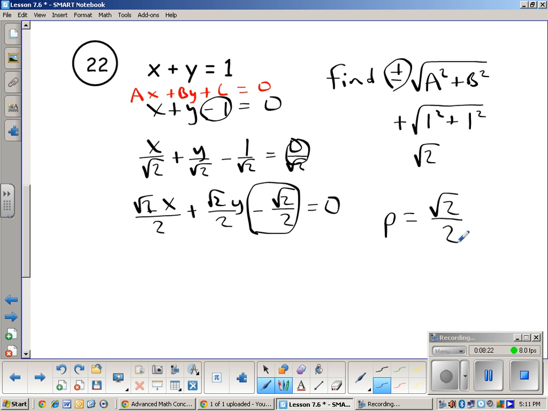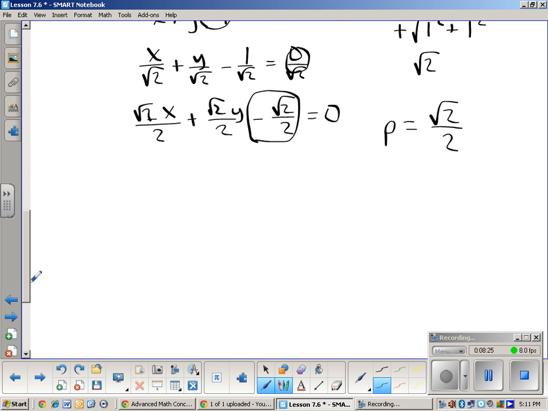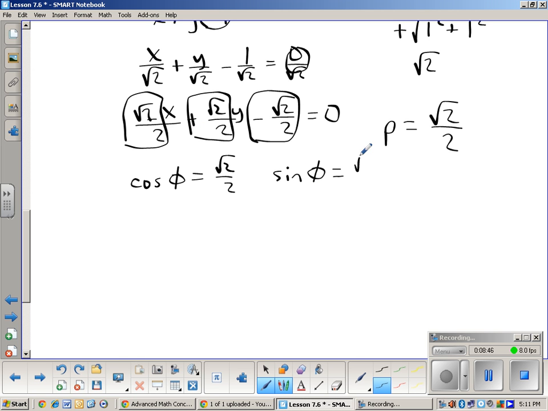And so now we have to find phi. Remember, this number represents the cosine of phi. And this number represents the sine of phi. And it's important that we recognize the signs. This is a positive, and this is a positive. And so that means then that we are in quadrant 1.